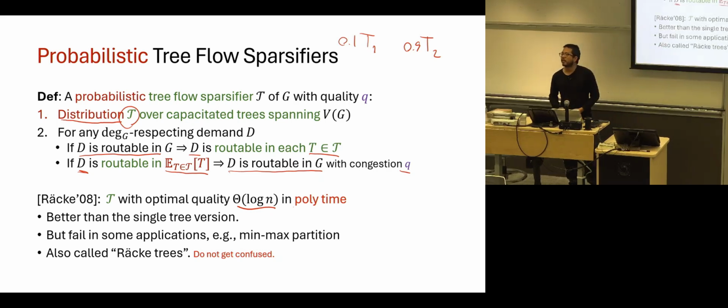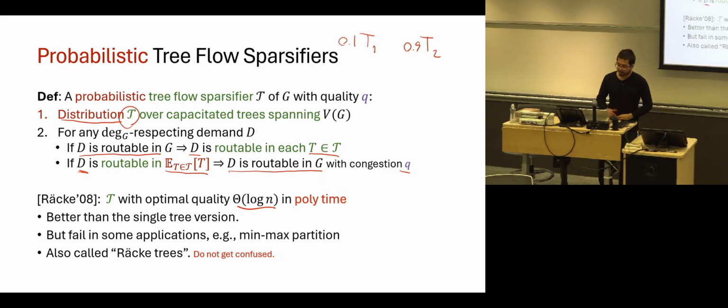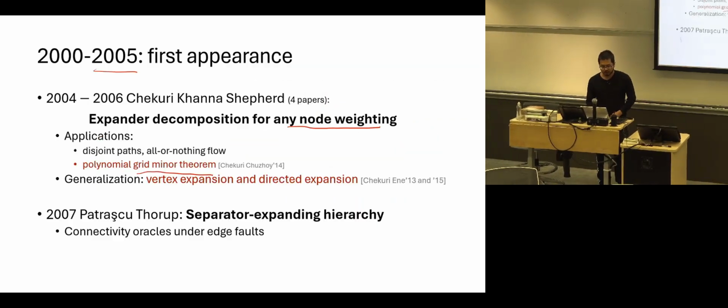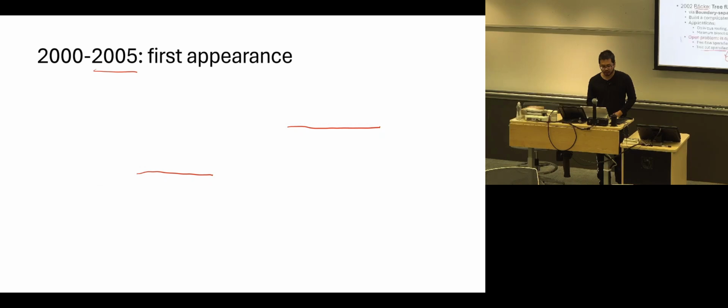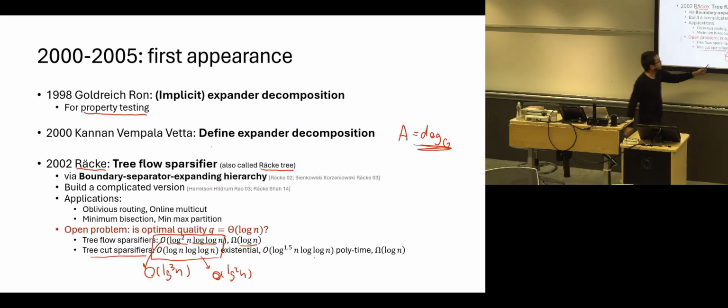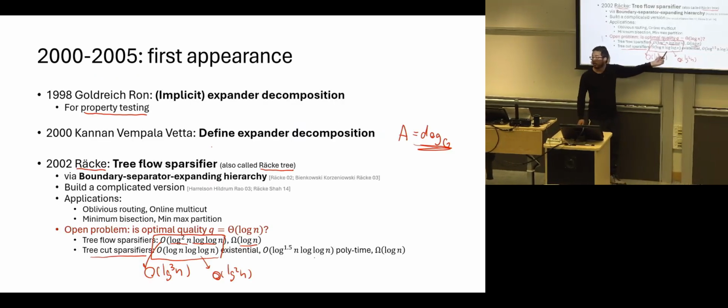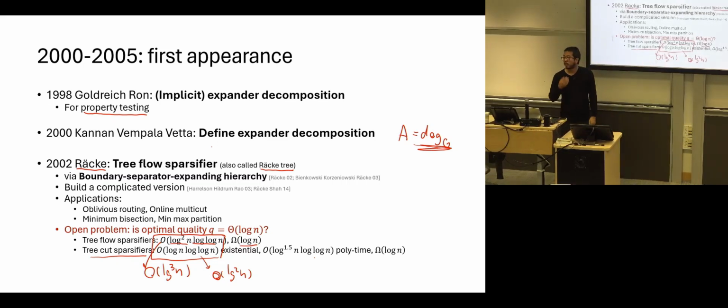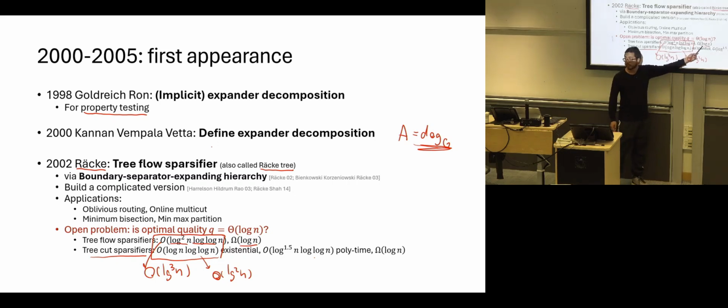So the tree flow specifier quality is not optimal? Yeah, the best one is this thing. It's not optimal yet. We don't know. We have this lower bound, we have this upper bound, and it's not tight. So the question is, can we get log(n)?